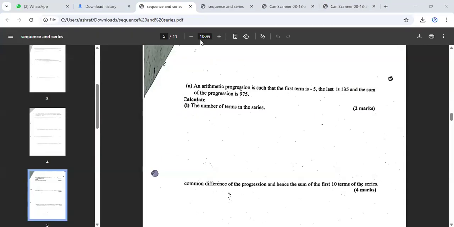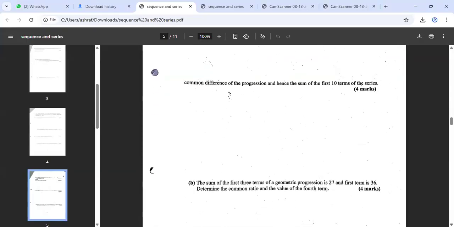So let's go to the next part of the question. So part B, the sum of the first 3 terms of a GP is 27. And the first term is 36. Determine the common ratio and the value of the fourth term.